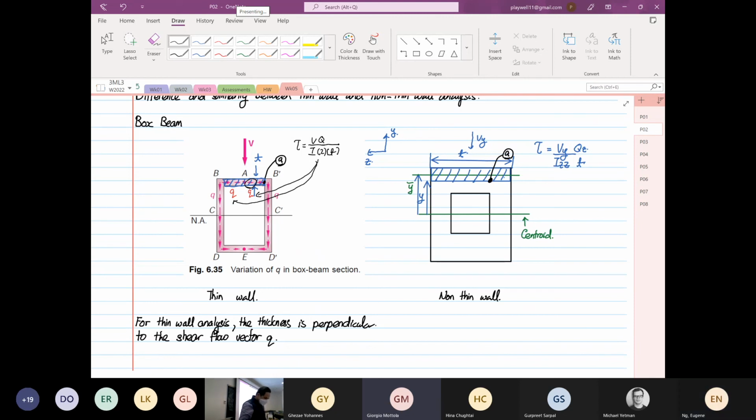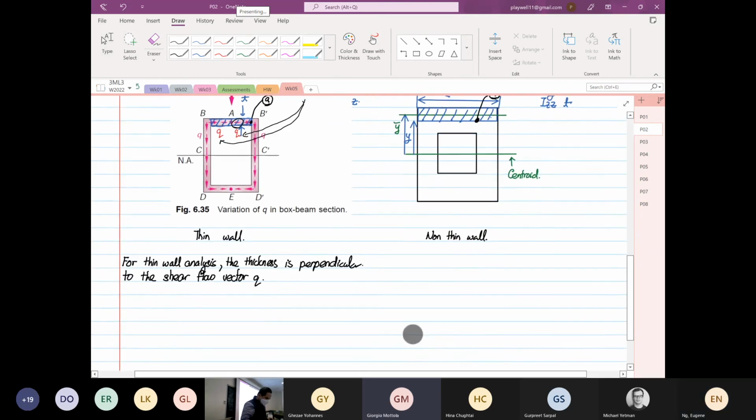Okay. Right. So now the next thing that we're going to look at is the similarities. What is similar between thin wall and non-thin wall? Okay.